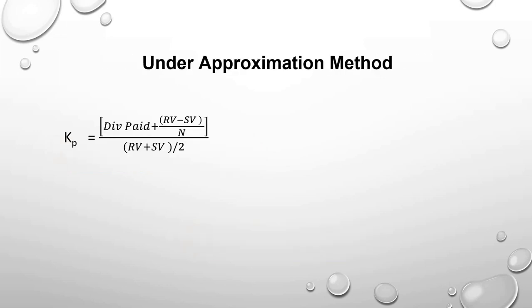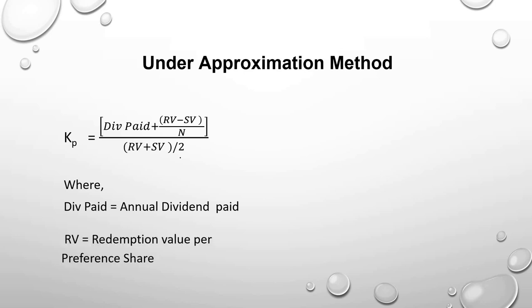Now, if we talk about the approximation method, we have already discussed this when we were discussing the cost of debentures. The formula for approximation method is: cost of preference shares will be (dividend paid plus (RV minus SV) upon N) divided by ((RV plus SV) divided by 2). Where dividend paid means annual dividend that the company is paying annually. RV will be your redeemable value per preference share. If the company is redeeming at a premium, it will be face value plus premium amount, or the company will be redeeming at face value.